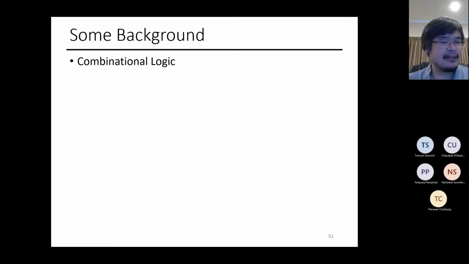Combinational logic is a set of logical operations like AND, OR that when you put together represent some kind of computational logic, and it happens within one cycle. There's no time element here.